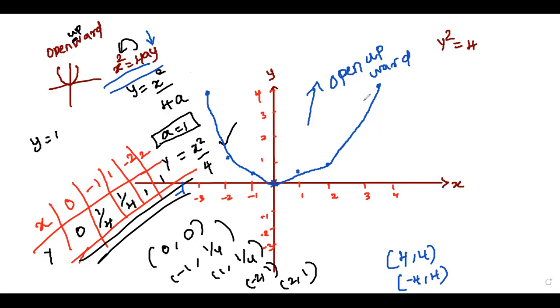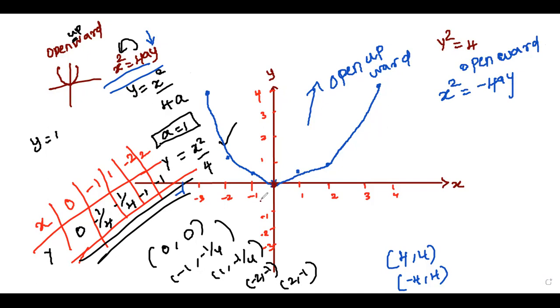In case I put x square is equal to negative 4y for open downward, what do I have to do? I have to multiply everything by minus, isn't it? You have minus here, here, here, here. So it turns into negative, negative, negative, negative. So I'll have to draw it upside down. Over here you have 0, it'll be 0, downward.